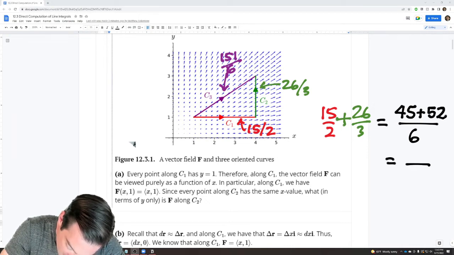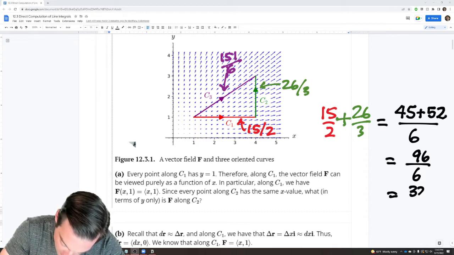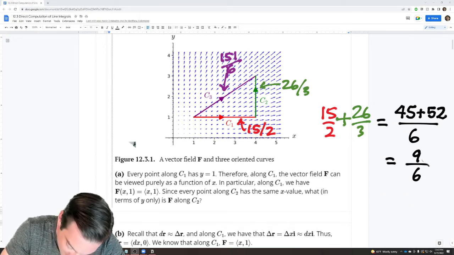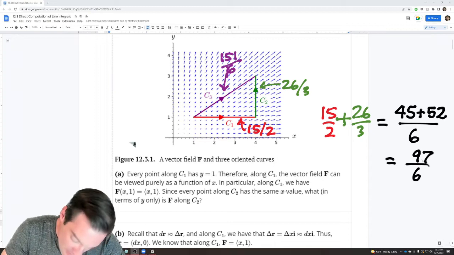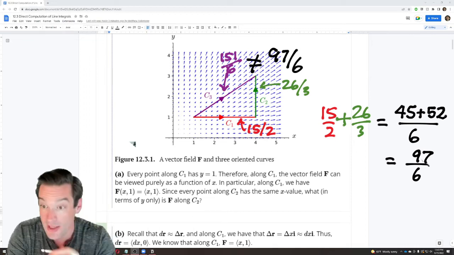And so I'm going to end up with 96/6. That actually reduces pretty nicely. So reduce that by 3, and it's going to give me 32 over... Should it be 97? Yes, you're right, 97, so it doesn't actually reduce. Thank you. 97/6. So it actually doesn't give us the same thing as if we had gone directly from point A to point B.